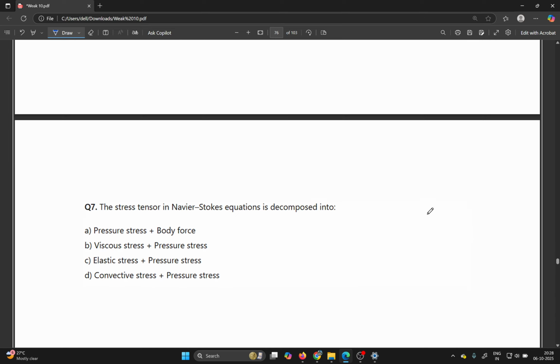Okay. Now, the stress tensor in Navier-Stokes equation is decomposed into which stress? Options: pressure stress plus body force, viscous stress plus body force, viscous stress plus pressure stress, and elastic stress plus pressure stress, convective stress plus pressure stress.